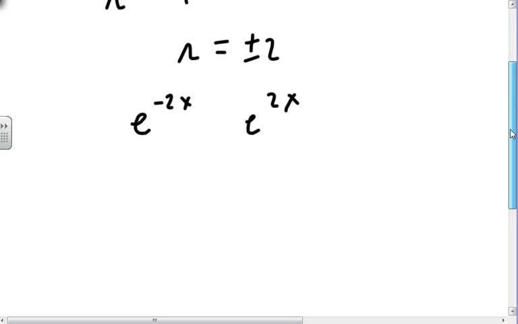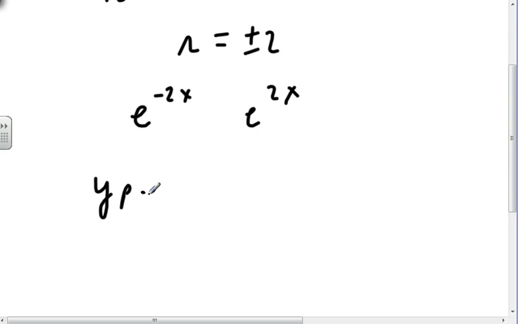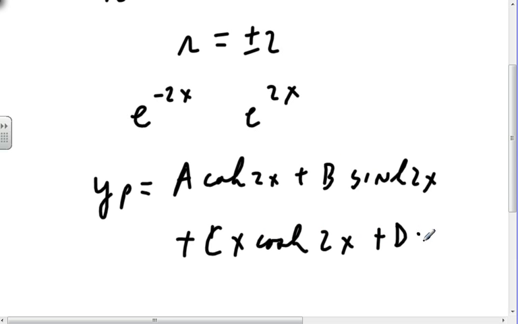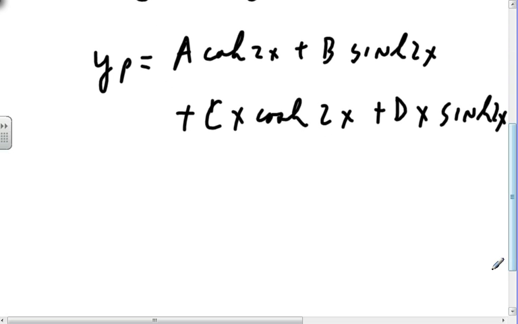That means my y sub p is going to be in the form a hyperbolic cosine 2x plus b hyperbolic sine 2x plus cx hyperbolic cosine 2x plus dx hyperbolic sine 2x. And that is what I need to solve to see what my A, B, C, or D is.